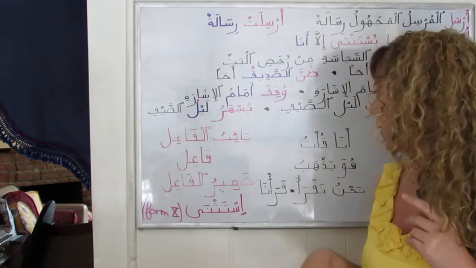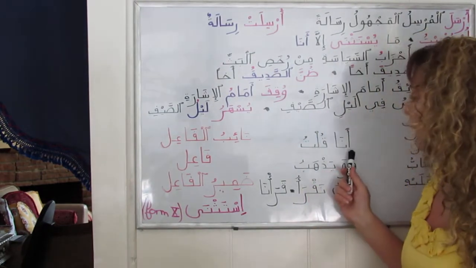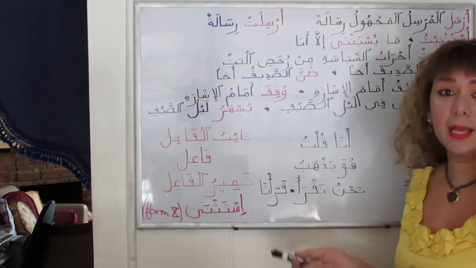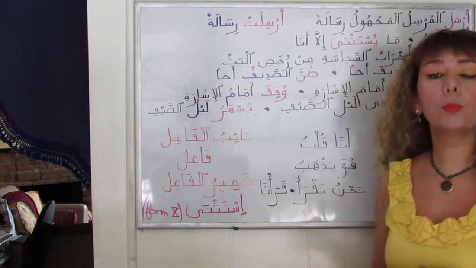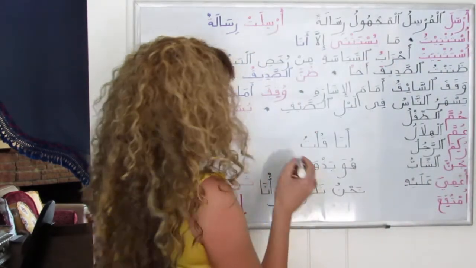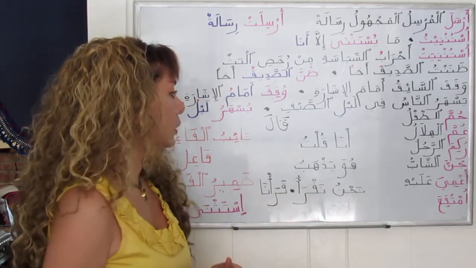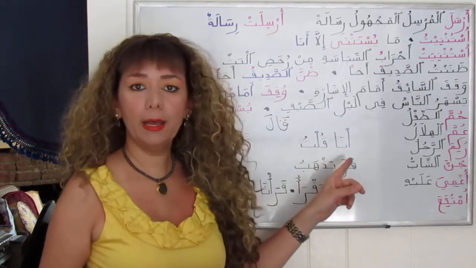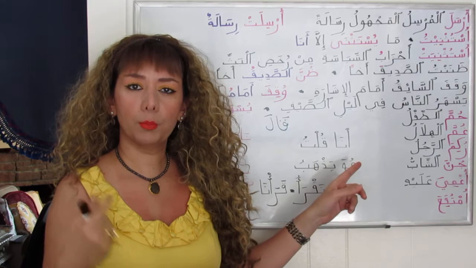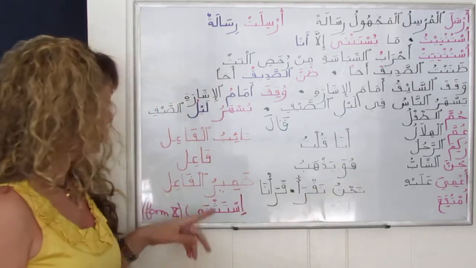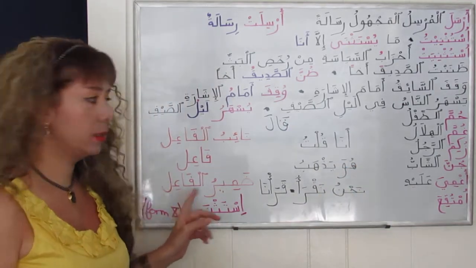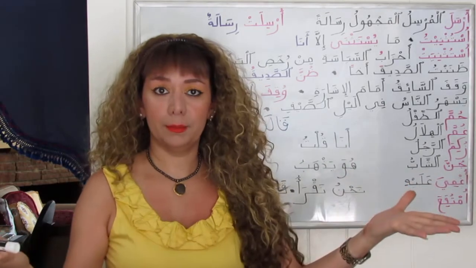So if I say أنا قلت, I said, from the verb قال, to say or to tell. So here we have the subject pronoun أنا, ضمير الفاعل, explicitly.